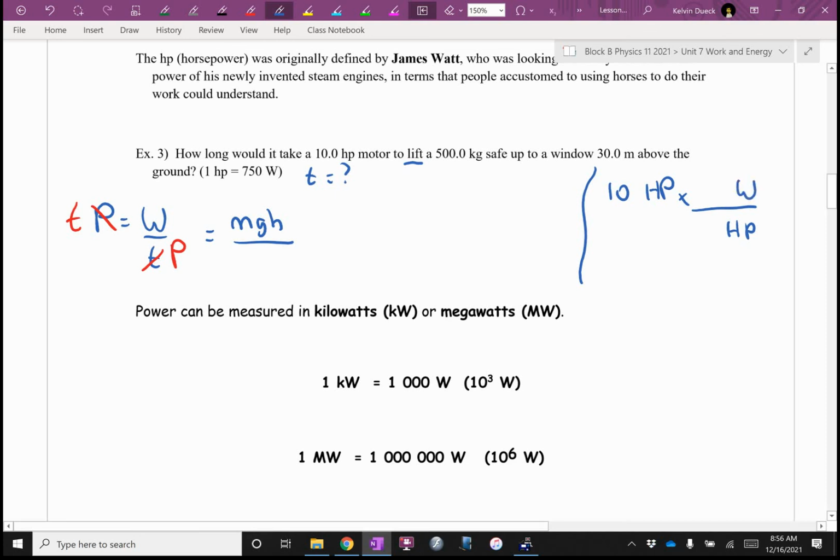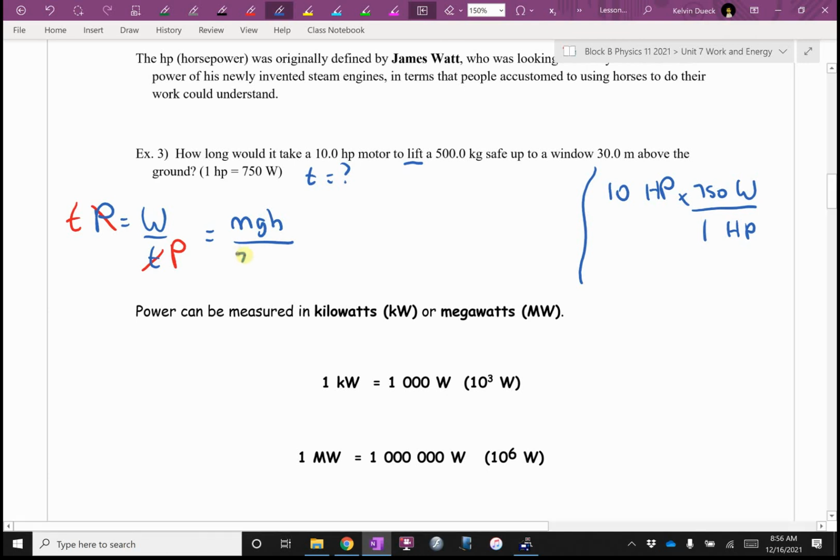Really? What's my conversion factor? I guess 750 watts is 1 horsepower. And here's my question then: am I going to go 10 times 750 or 10 divided by 750? And I'm so lazy, I'm just going to put 10 times 750. You know what? I can do that in my head. 10 times 750?